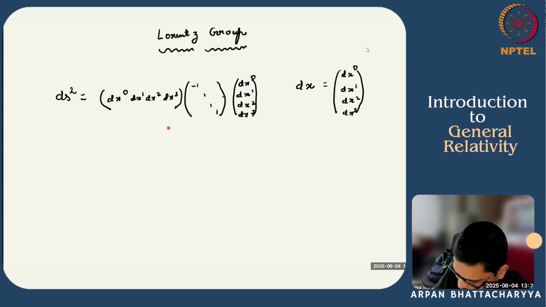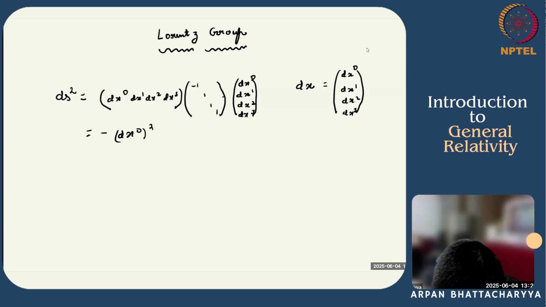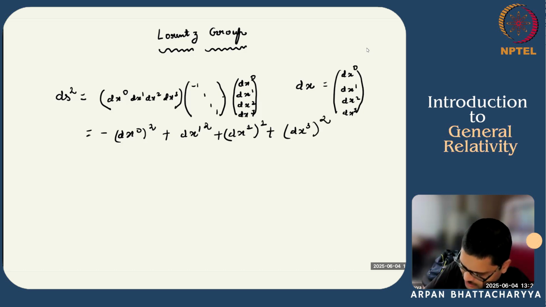You can multiply this, and it is equivalent to minus dx0 square plus dx1 square plus dx2 square plus dx3 square. This matrix is known as the Minkowski metric, which will be denoted by the symbol eta.